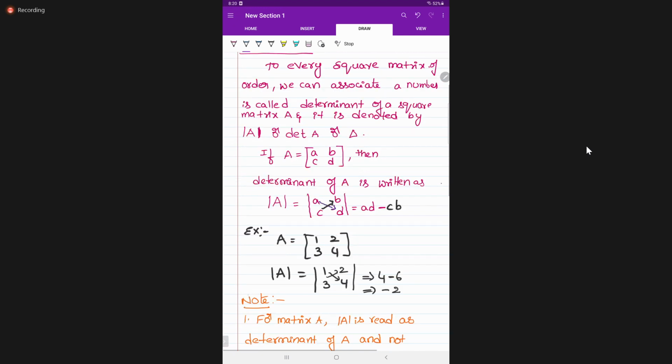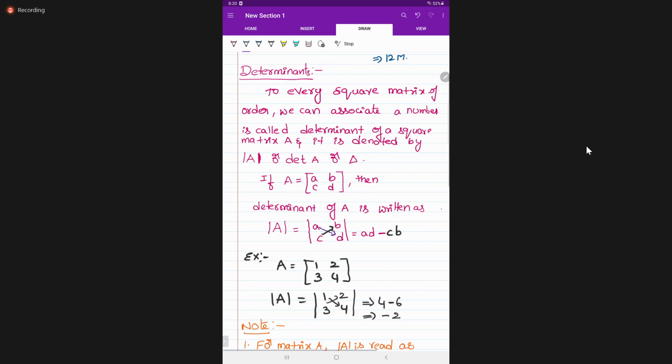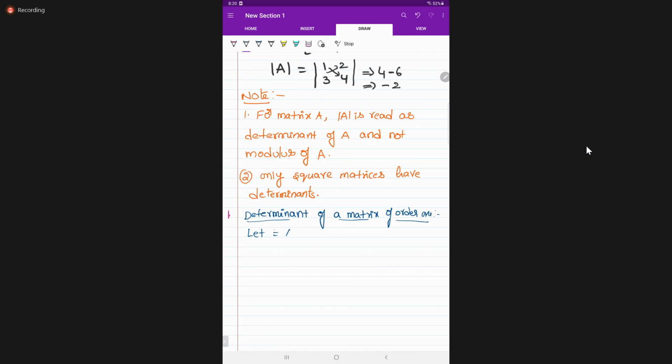Let capital A be equal to small a, the matrix of order 1. Then det of A will get you what? A only.